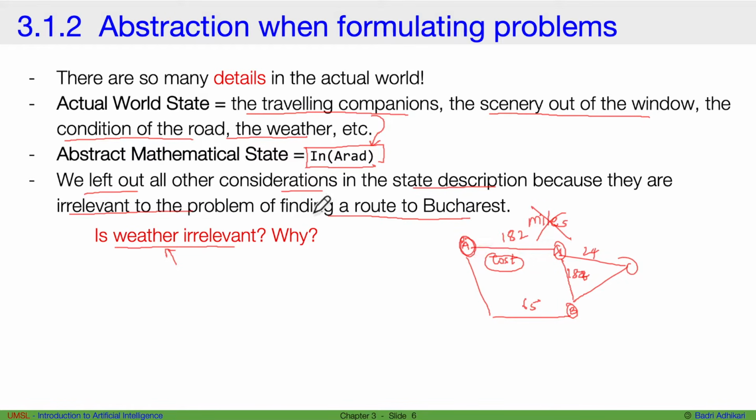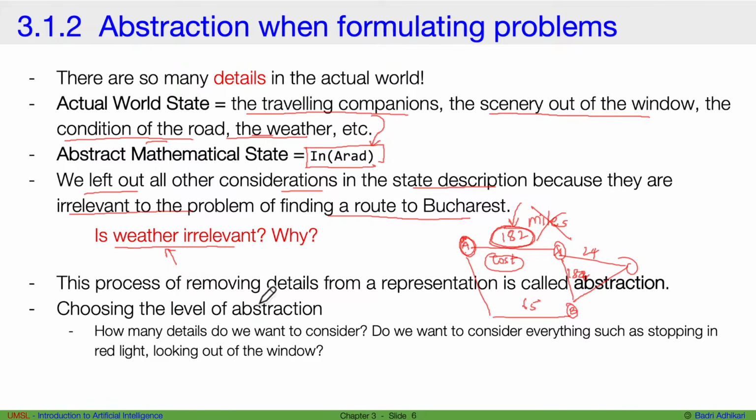And this cost should incorporate everything that is needed to calculate the cost of going from A to X. So everything combined, conditions of the road, weather, and all of the things put together give you this cost of going from city A to city B. So now, once we have this cost, everything else becomes irrelevant because now we have sort of squeezed everything into this number.